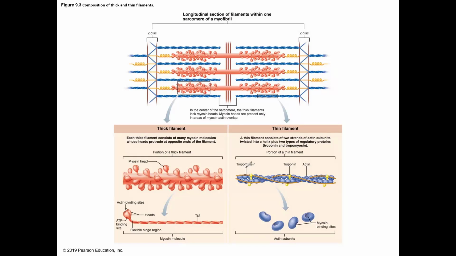So again, you need calcium to expose the binding sites on the actin. Once that's done, myosin can then bind to actin. And the myosins on the left side here will move the actin toward the middle, toward the right, whereas the myosin heads on the right side bind to those actins above them, and they'll move actin from right to left. And therefore the sarcomere gets, again, shorter in length.